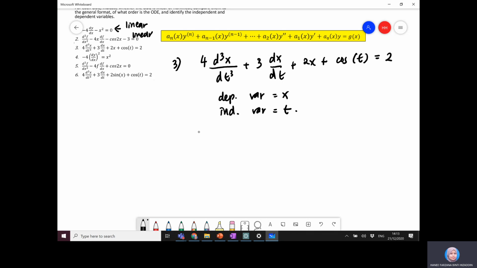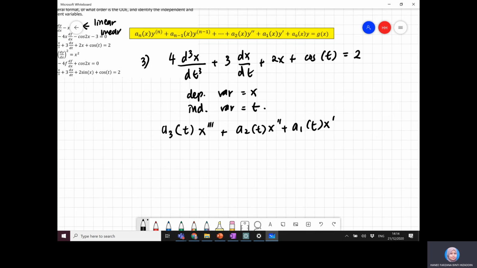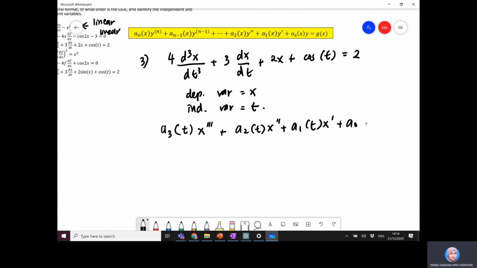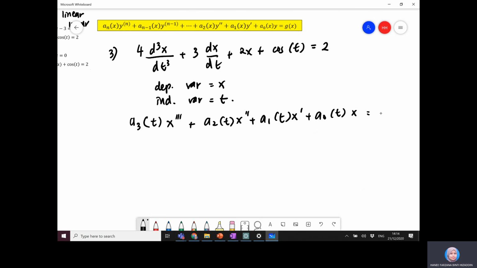Because this is third order, you put a3 as a function of t, x triple prime plus a2 t x double prime plus a1 t x prime plus a naught t x equals to g of t.